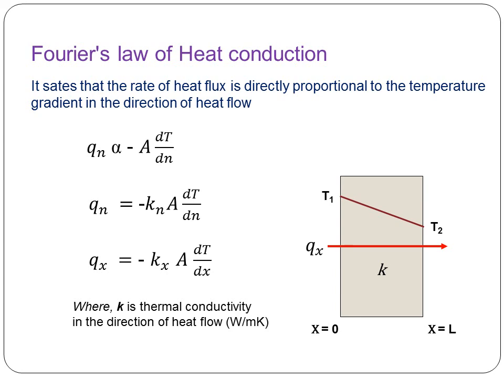So, we have the expression for the rate of heat flow, Q equal to minus K A dT by dn, and if you consider a specified direction, like the x direction, then Qx is equal to minus K A dT by dx. This K is the constant called thermal conductivity, and its unit is watt per meter Kelvin. The rate of heat flow is in the direction perpendicular to the area, the x direction being perpendicular to the cross sectional area.